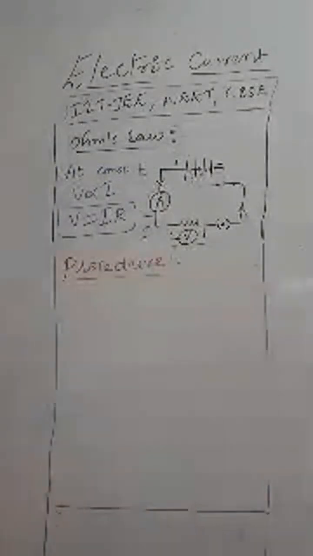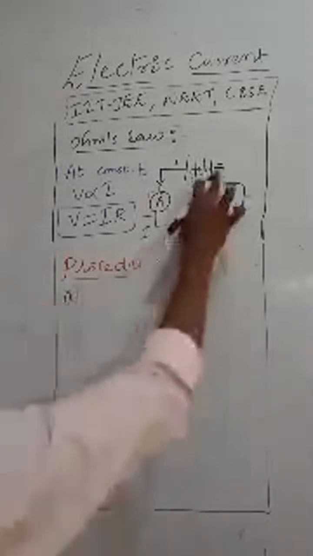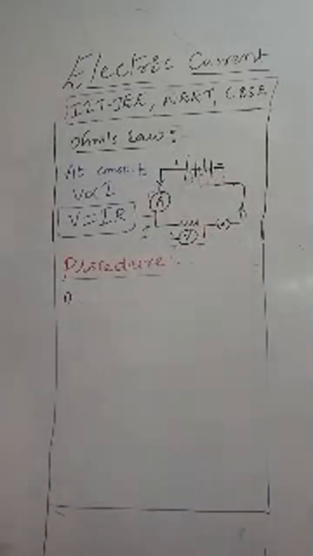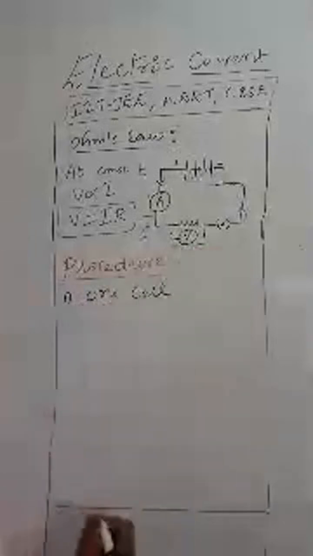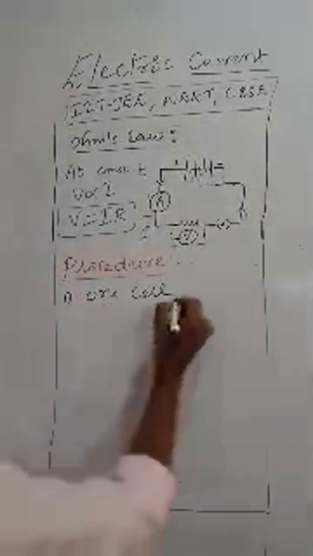First you have to take one cell and connect it in the circuit, so that is why we are taking dotted lines. Take one cell, connect it in the circuit, and take the reading of the ammeter and voltmeter.